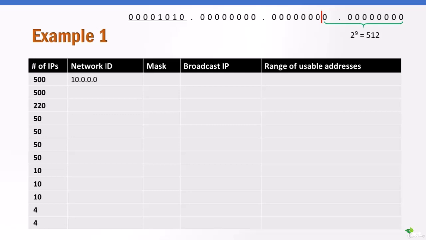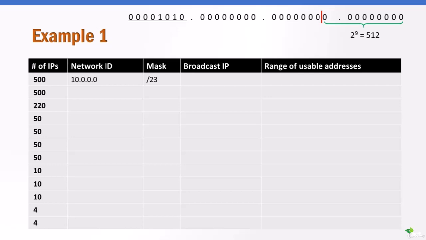If we used 8 bits, 2 to the power of 8 is 256, and that's not enough for our requirement for our first subnet. So we're going to go with 9 bits. That means our new mask is /23. 23 plus 9 equals 32, which is the total number of bits in an IPv4 address. That's how we got that number.